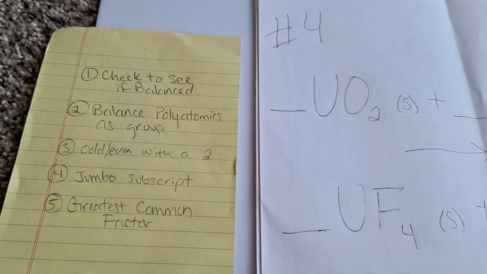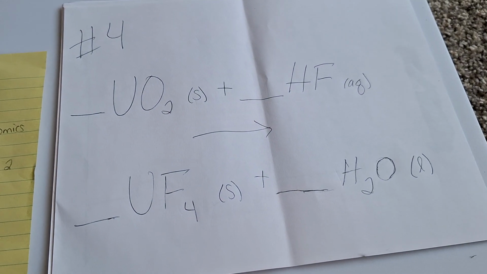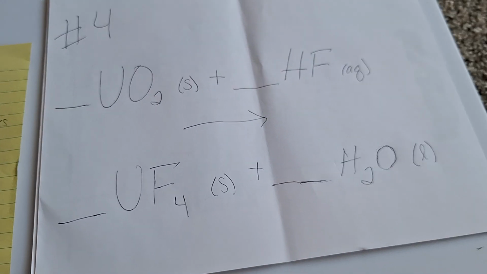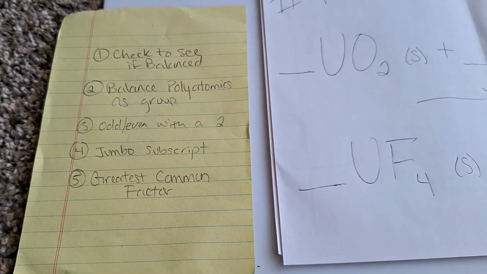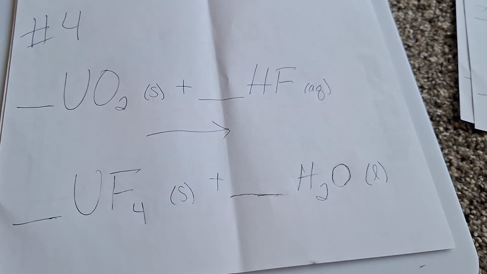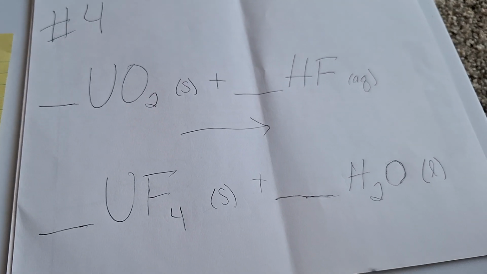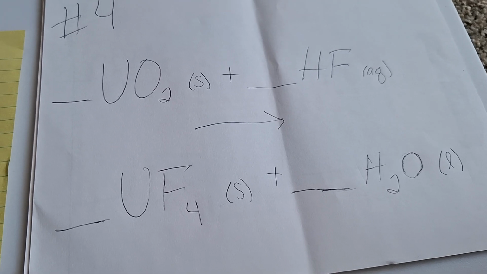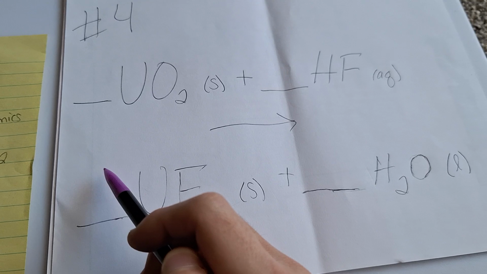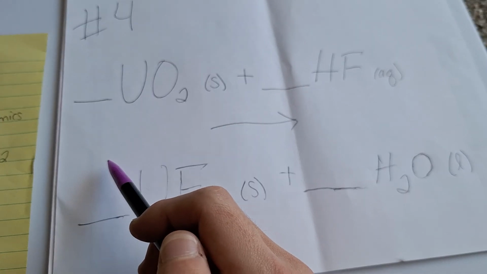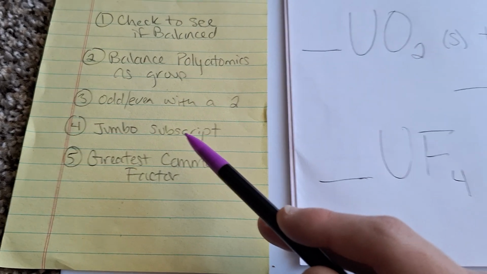So, do we have any polyatomic ions? Not really. So, we have to ignore rule 2. So now we have to try odd even with a 2. Well, we can't really do this because the U's are already balanced. So, this is where we get into 4.